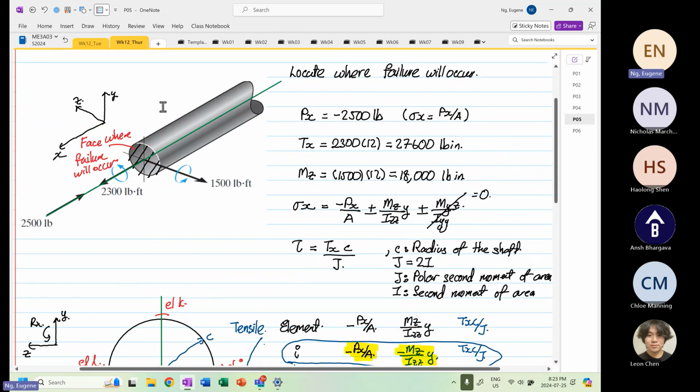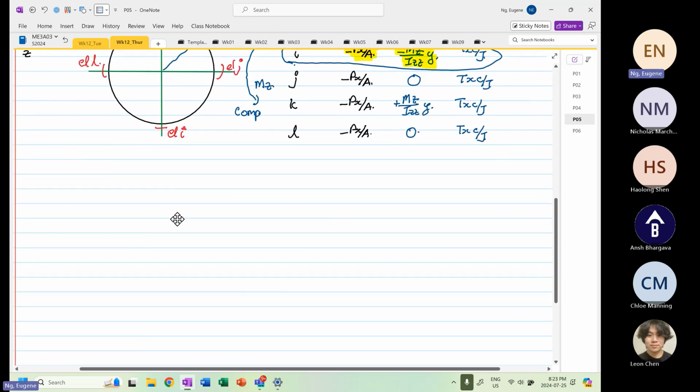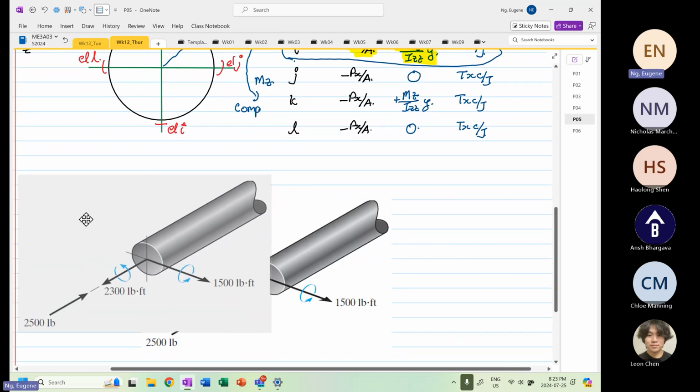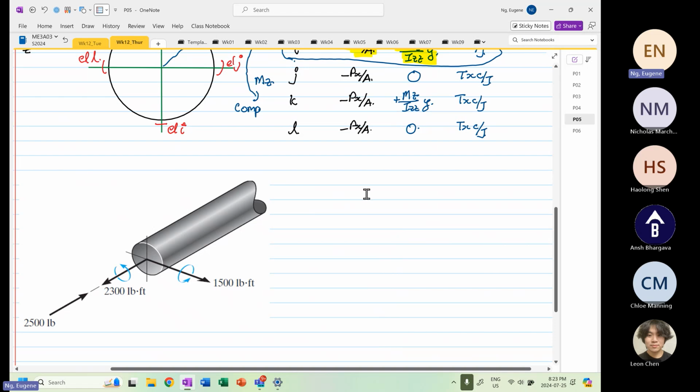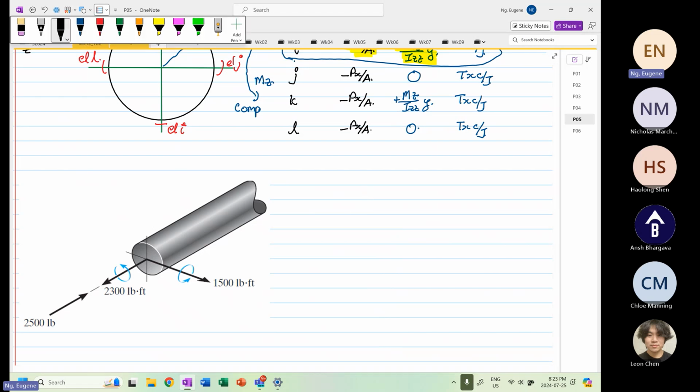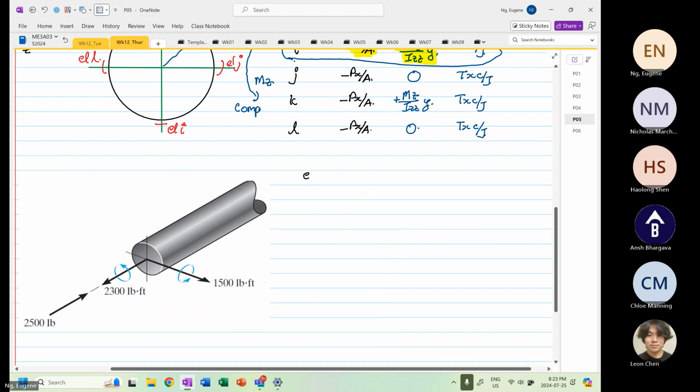So once we know that we have our element I, I'm going to use this diagram again. The next thing we are going to state is that element I will be under the highest stress.